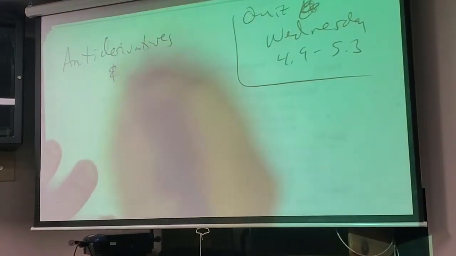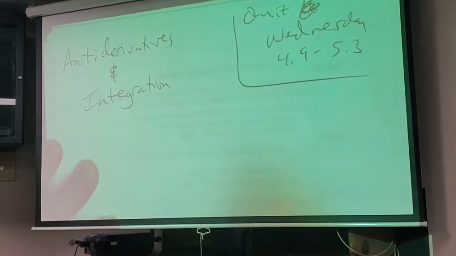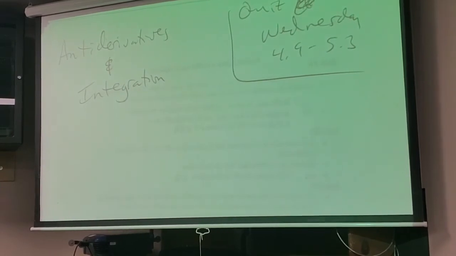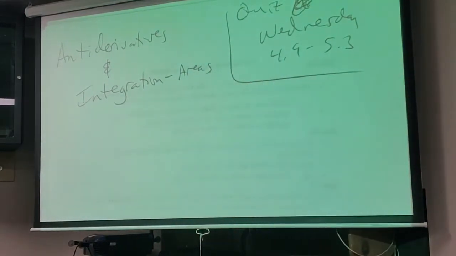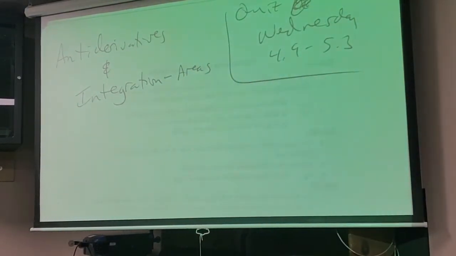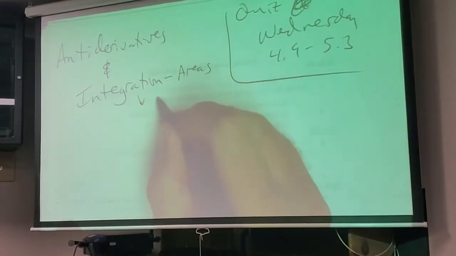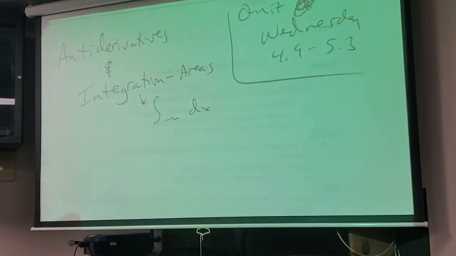Antiderivatives and integration. On the surface, these shouldn't necessarily be connected, and integration, of course, is just the process of finding areas, right? Let me put that next to that. So the integral is this symbol here.